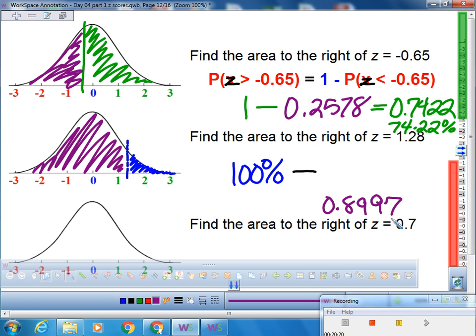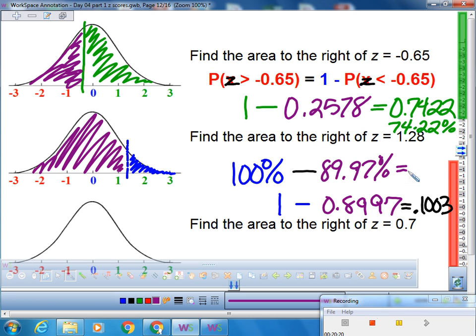0.8997, is that right? Yeah. Okay, so if I take a whole and subtract that, what do I get? 0.1003. Does that make sense? If I wrote this in percent, it would be 89.97%.